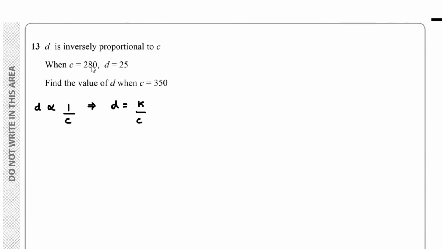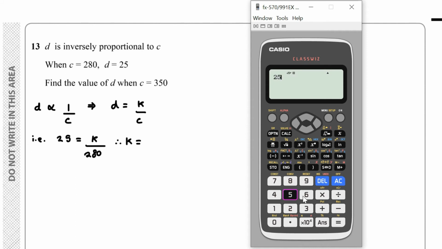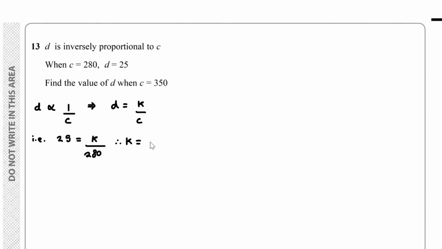Now let's use these conditions. C is 280, d is 25. So we have 25 equals k over 280. So therefore, k will equal 25 times 280, which is 7,000. So therefore, k is 7,000.